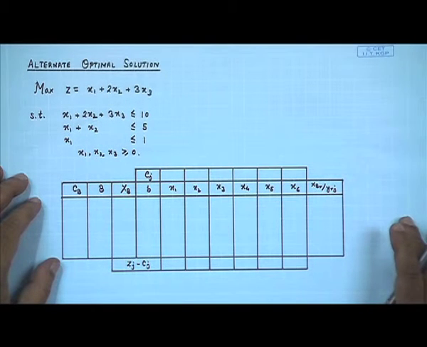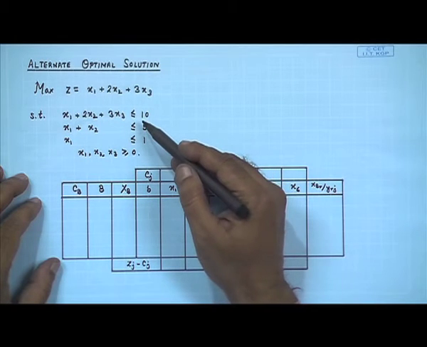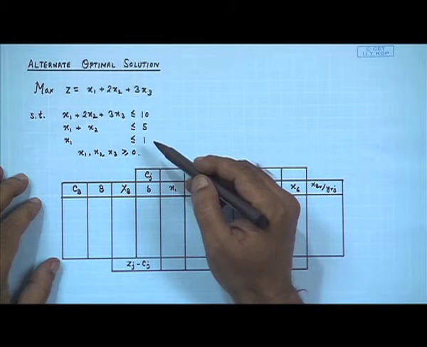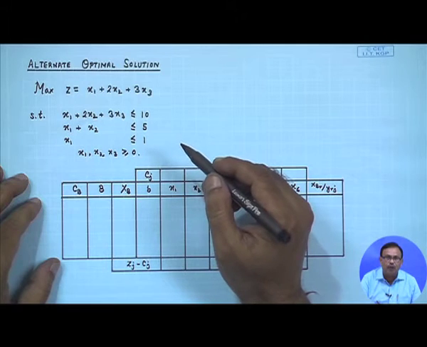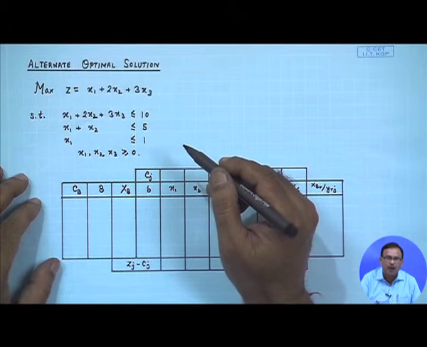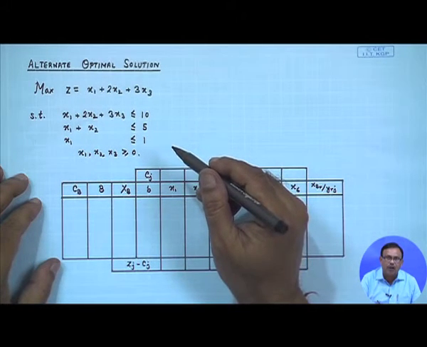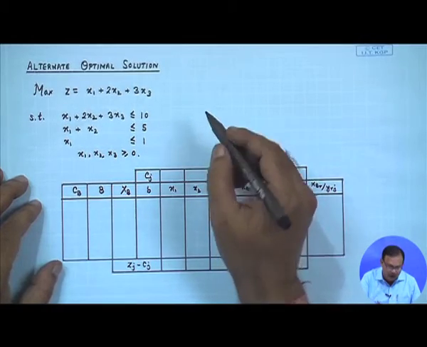First, we will write it in the standard form, as we have done. The inequalities are of less than or equal to type.